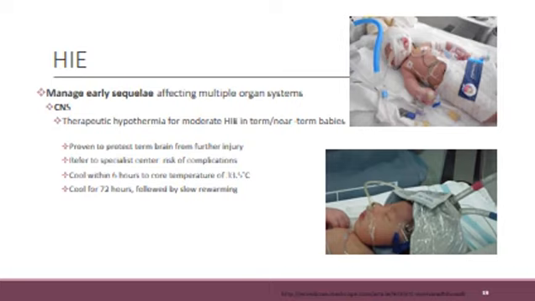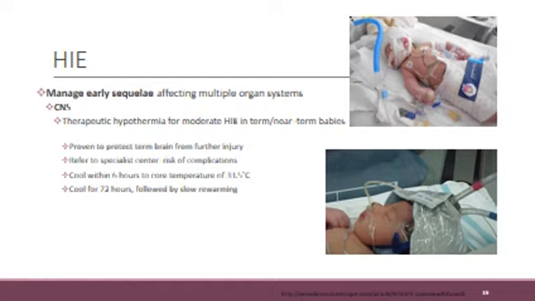Therapeutic hypothermia or targeted temperature management is indicated for patients with moderate HIE if they are born term or near term. As mild HIE patients will all recover, it is not a useful modality for them. And in the most severe of cases, therapeutic hypothermia will not reverse the significant damage done to the neurological system. International studies have proven that the term brain is protected from further injury by this treatment modality.